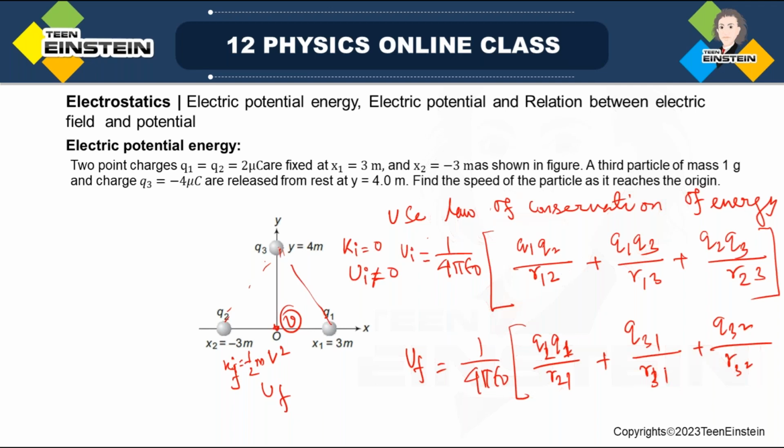In this case, you need to remember these are actually initial distances. Here, these are final, when it reaches nearly to the origin.